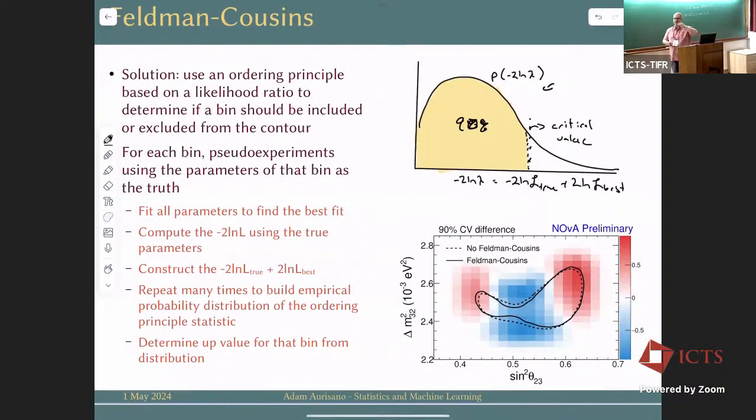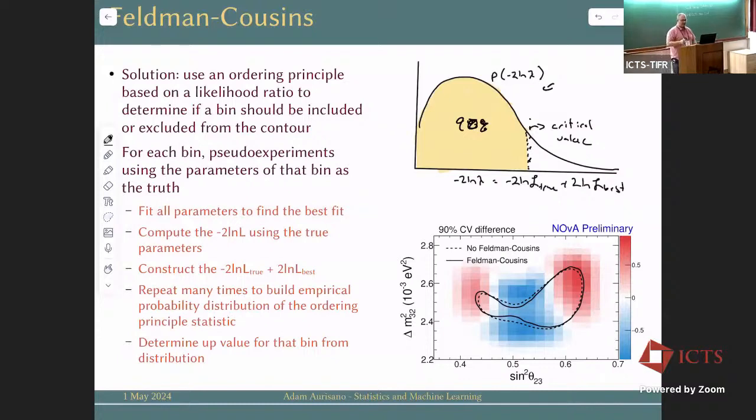And this gives you exact coverage guarantees as long as there are no nuisance parameters. Just so you know, nuisance parameters are basically parameters that are not of interest, right? So in this plot, delta m squared 3,2 and sine squared theta 2,3 are your parameters of interest, everything else that you're not showing here is a nuisance parameter. Whether it's a physics parameter or a systematic uncertainty, if it's not on that plot, it's a nuisance parameter, right?